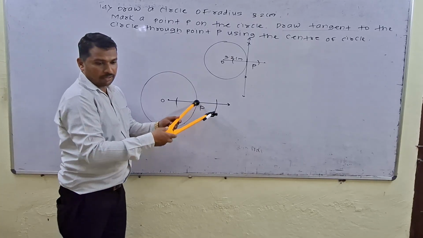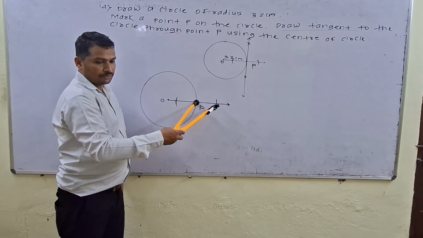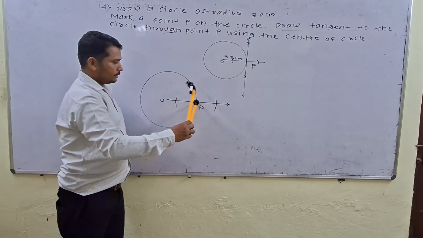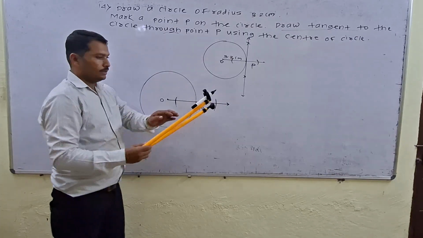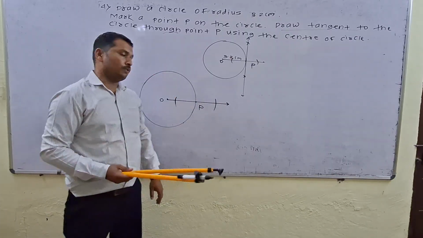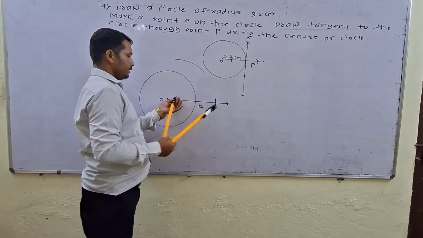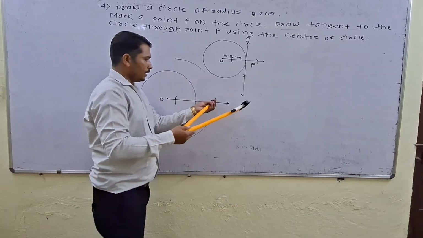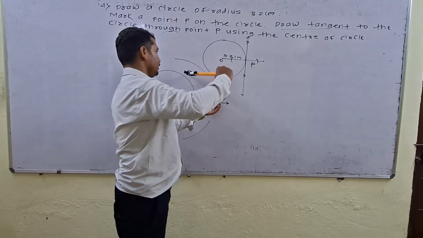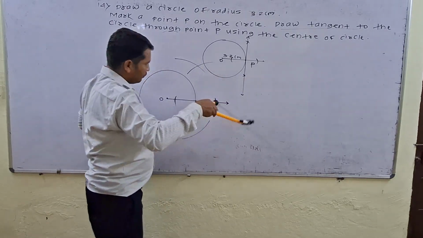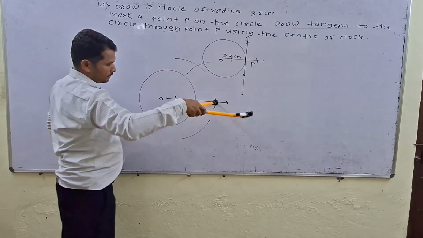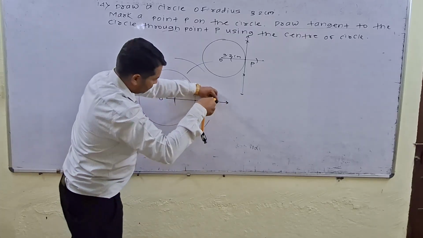Yes. Are you done? Look at the board. There is a first, there is a second. Take a distance of approximately 4 centimeter. We draw a tangent from the point P. It's very easy. Look here also: there is a first, there is a second.